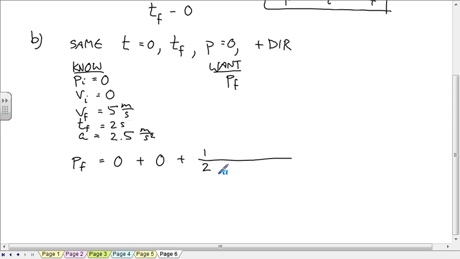So 1/2 times a, 2.5 meters over seconds times seconds, times t final squared. The seconds all cancel, and you end up with p final equal to 5 meters, right?